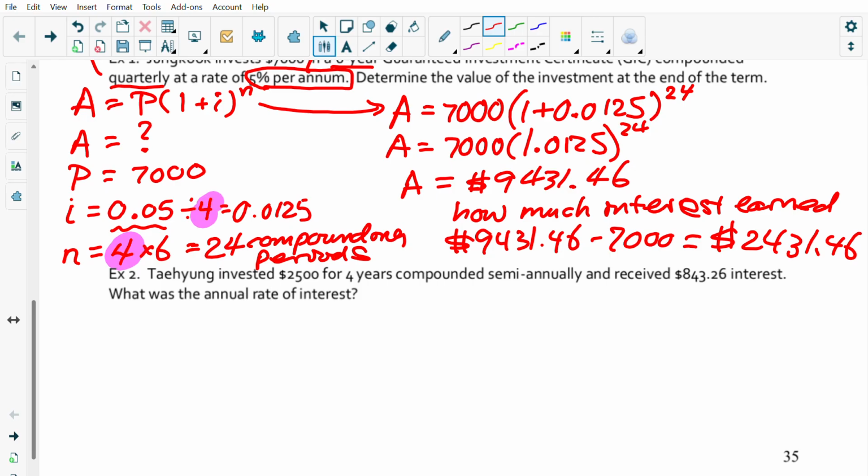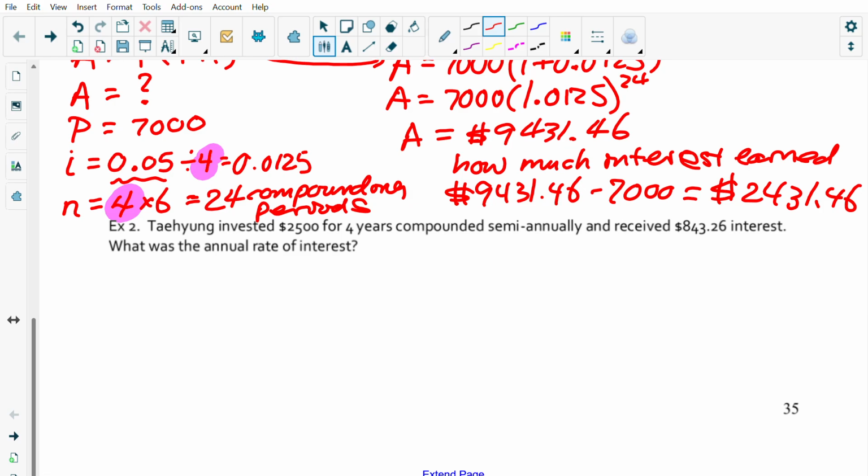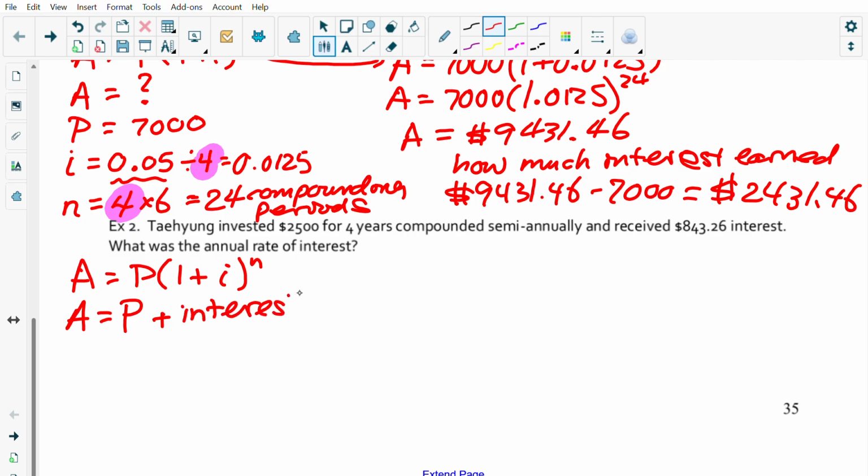$843.26 in interest. What was the annual rate of interest? Ooh, we're asking about the annual rate of interest. Like we always do, let's write our formula. What do we have? What do we need? My A value. Do I have a final investment? Well, it doesn't say it directly, but final investment is the original investment plus the interest earned.